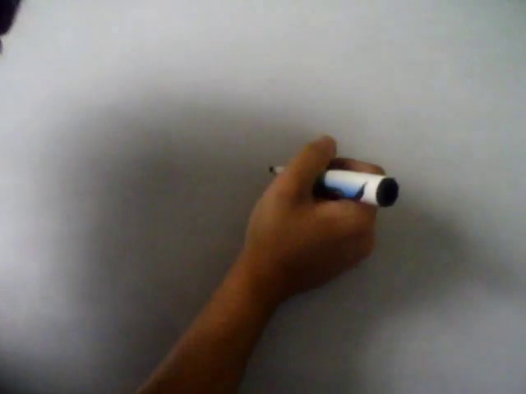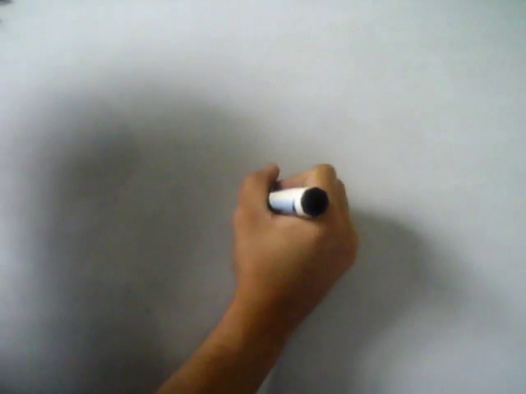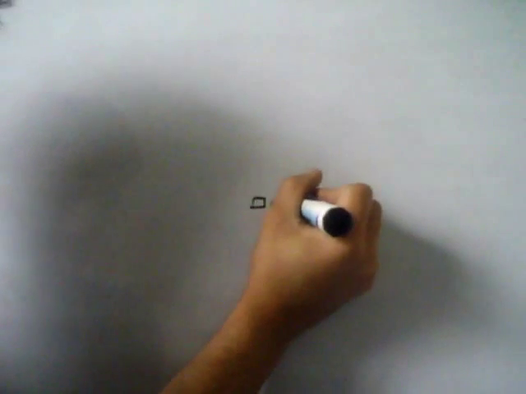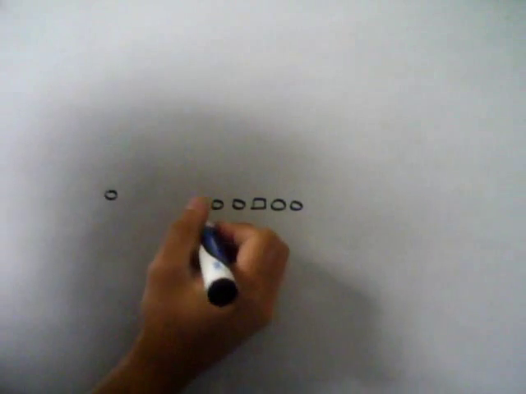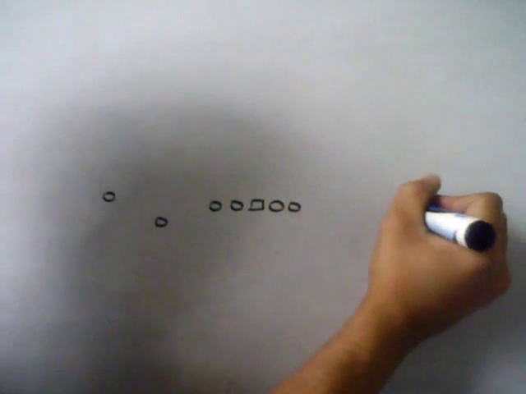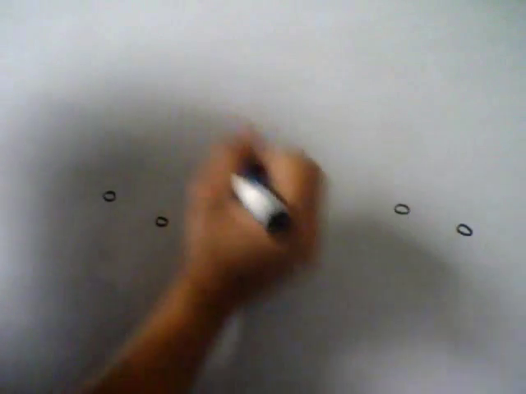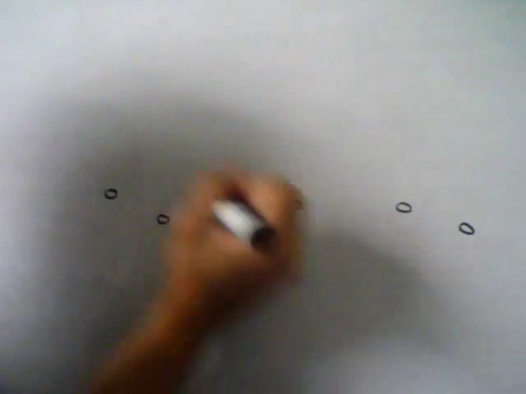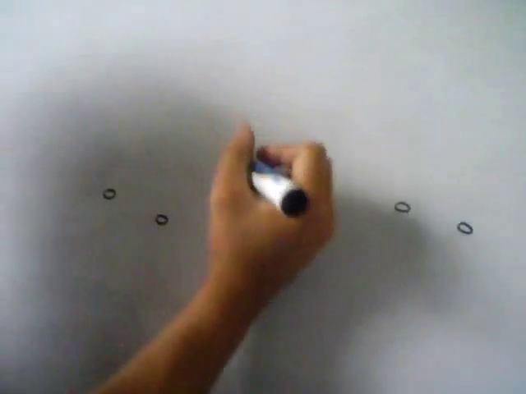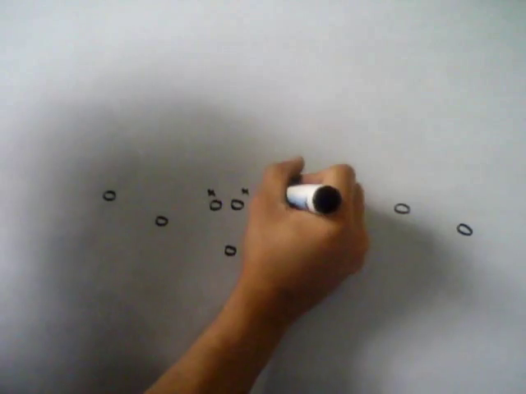Now, the third way of running this play would be how a lot of spread teams have begun doing it, where they may have 4 wide, and it'll look like that. So we'll draw it up against the 4-3.